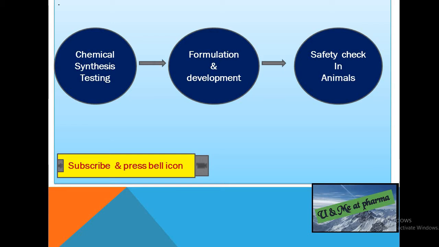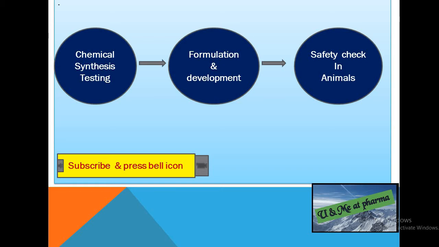Then, after testing and synthesis, any drug we cannot take raw. It has to be developed into a dosage form: a tablet, capsule, suspension, ointment, etc. So it needs to be developed into a dosage form.